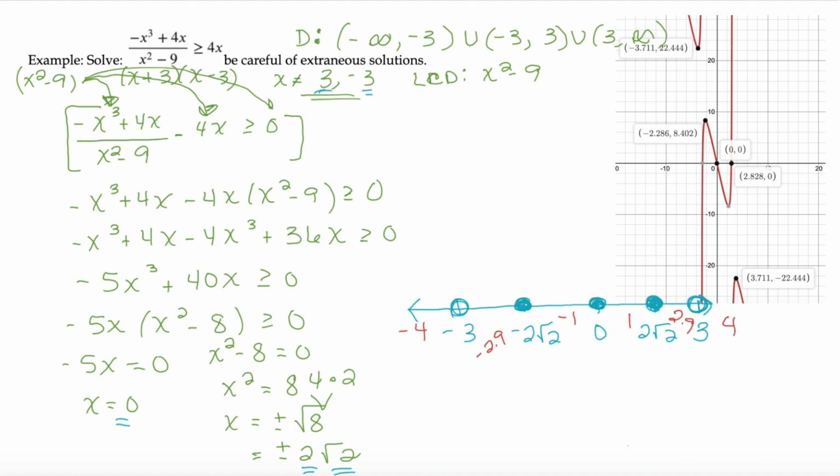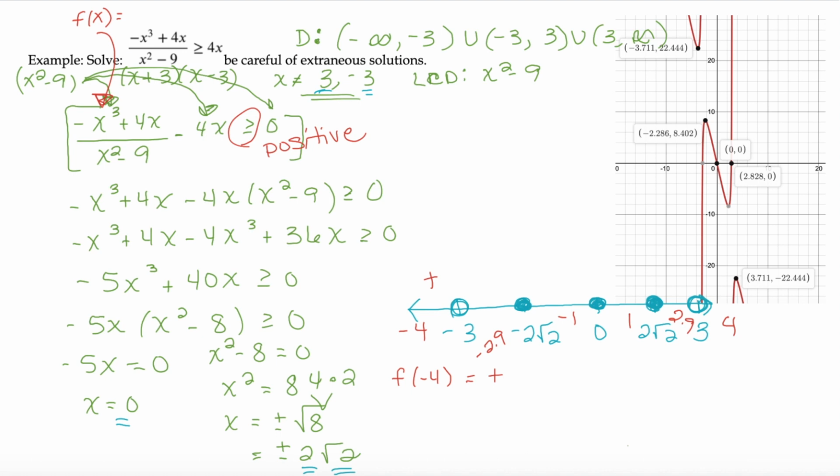So my test values. Let's again call this f of x, and f of x could also be the same as down here. We're looking for values that are greater than or equal to 0, so we're looking for only positive solutions. When I substitute negative 4 in, we end up with a positive value, so that's good.